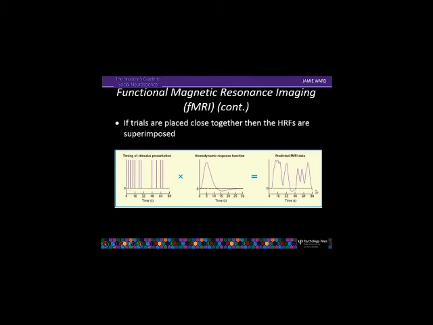So it's not quite as simple as comparing this against another one, unless you've got 16 seconds between your stimuli. If you put your stimuli together like this, this is what you're doing. Effectively, you're doing a regression or a correlation. Ultimately, you're asking what brain region produces a signal that looks like that, based on your experimental design of how you're presenting your material. So it becomes more complex.